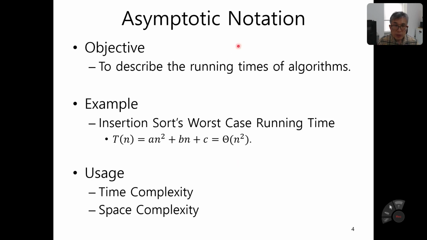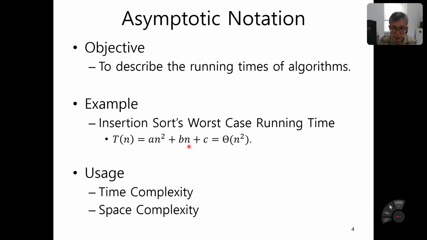The objective of asymptotic notation is to describe the running times of algorithms. For example, for insertion sort, the worst case running time is big theta of n squared. T(n) is time complexity. For input size n, we have this kind of polynomial: a n squared plus bn plus c.